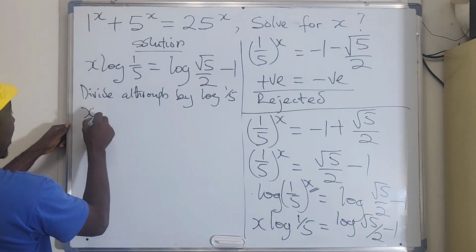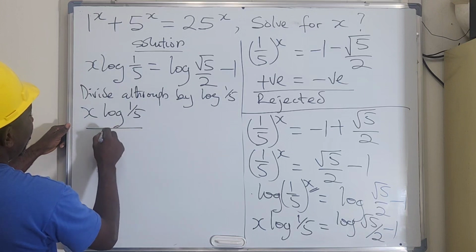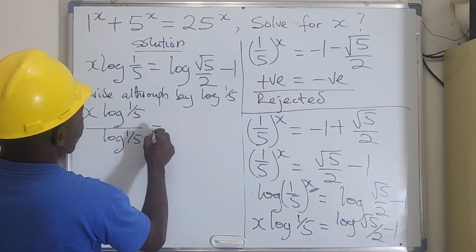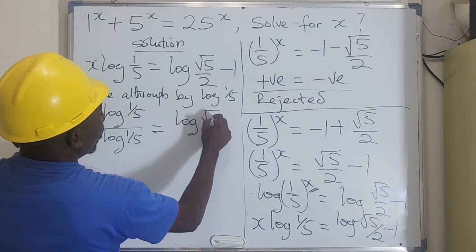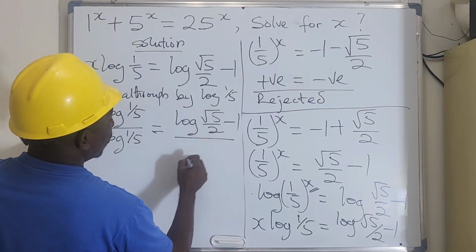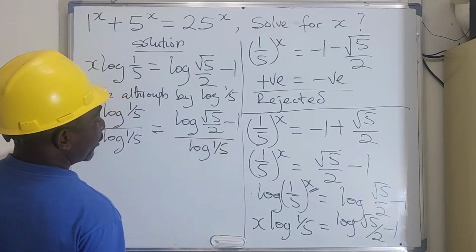So we have x log 1 all over 5 all over log 1 all over 5 equals to log of the square root of 5 all over 2 minus 1 all over log 1 all over 5.